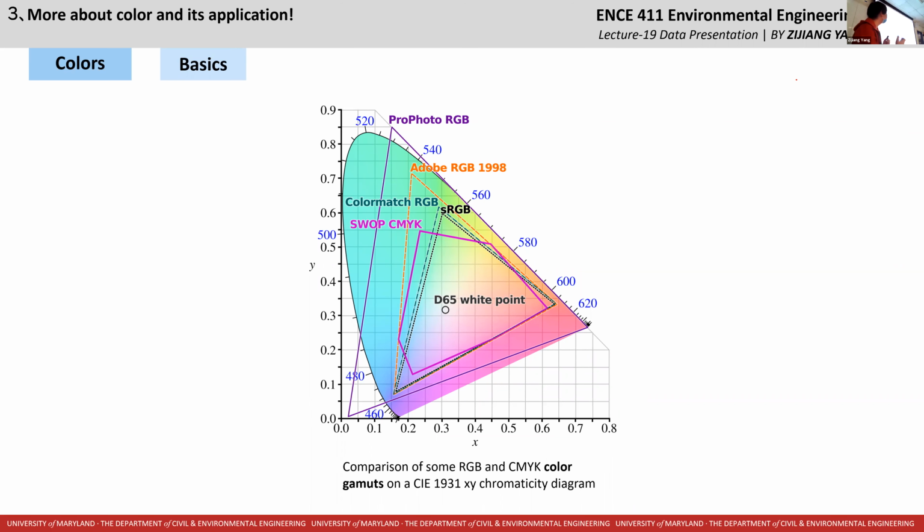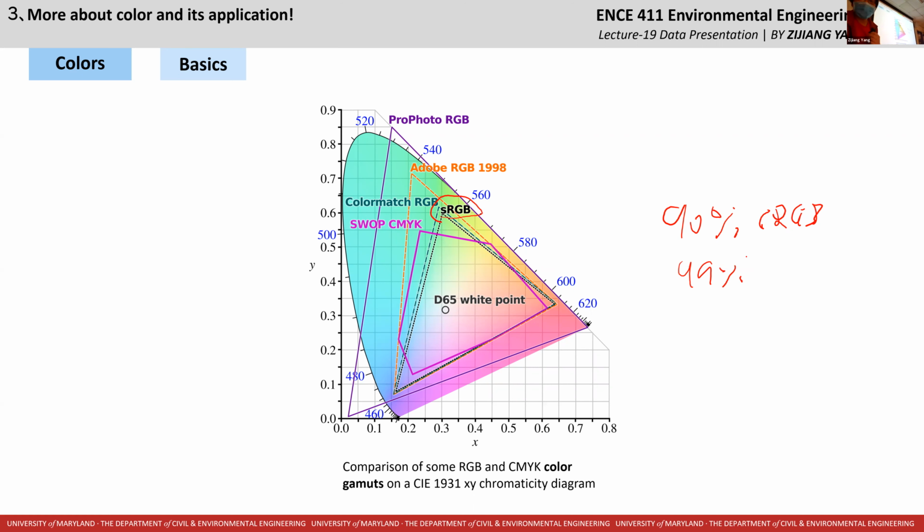When we buy a monitor, we may usually see that it says it has 90% of sRGB or 99% of sRGB.